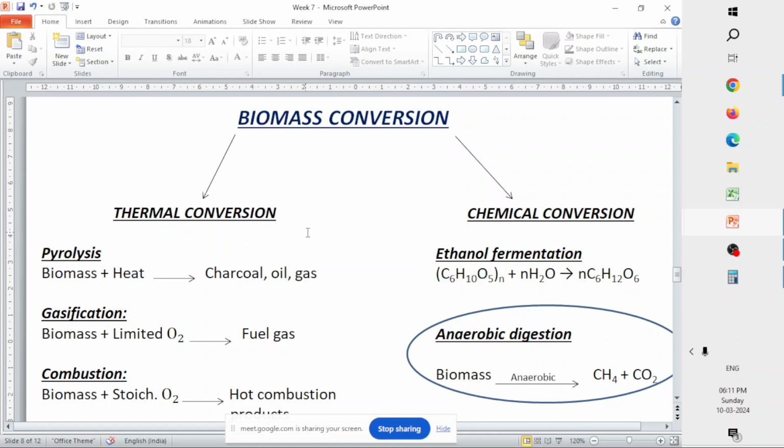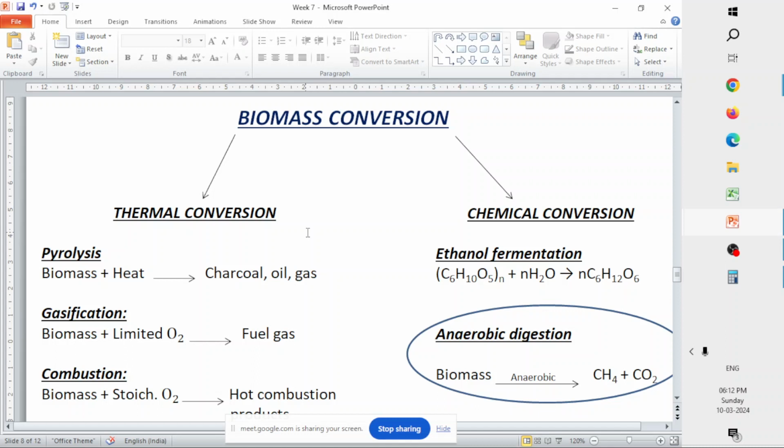In that case it gets converted to charcoal, oil or gas. Since this heating of the biomass takes place in an inert atmosphere without the use of oxygen, this method is called pyrolysis. If you use limited oxygen, you call it gasification. And if you use stoichiometric oxygen, then you call this process combustion. So that is it for the thermal conversion routes.